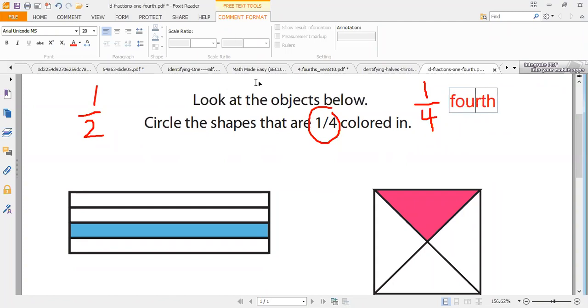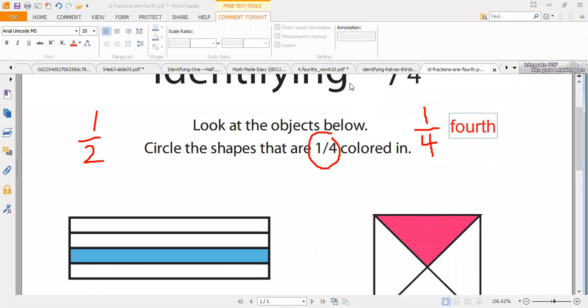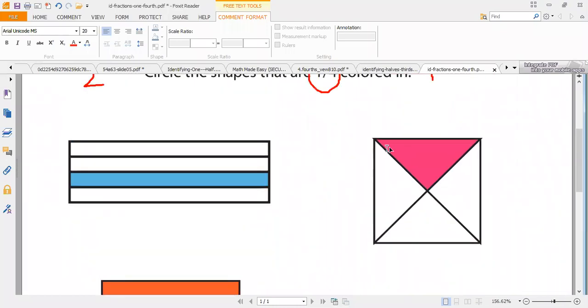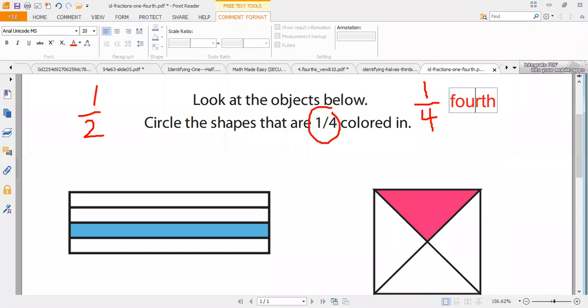Okay, fourth. It says circle the shapes that are fourth colored in, meaning the shapes with one part colored from 4 parts. Can we circle the first one?